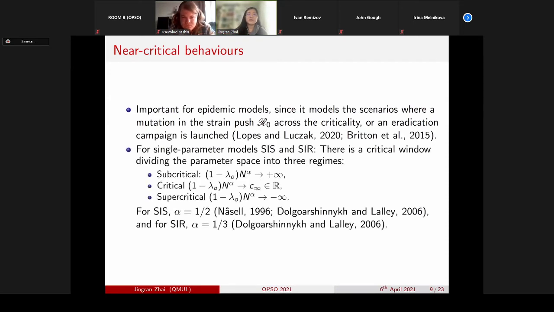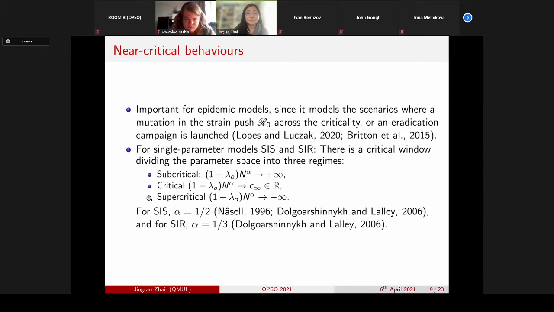After some careful examination, researchers find that for the case of SIS and SIR models, there is a domain around the criticality that divides the near critical regime into 3 parts.